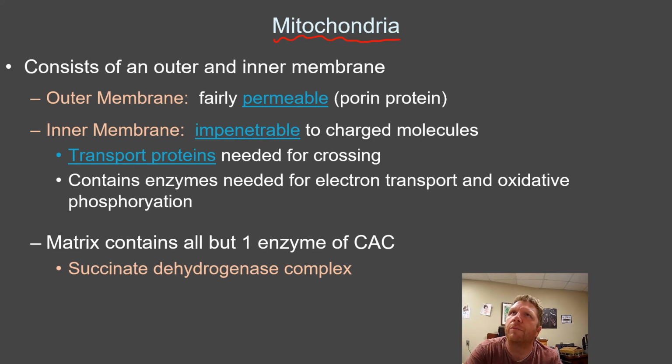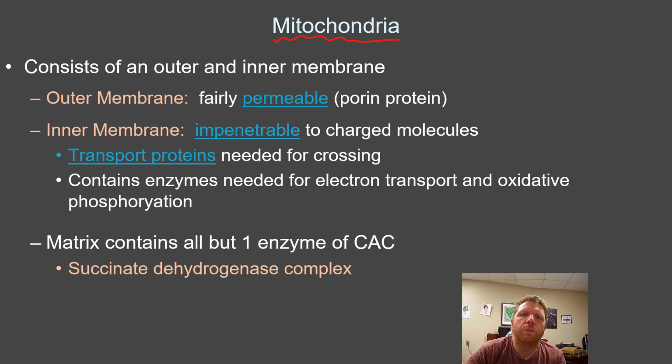The way that I always kind of think about the mitochondria is, if you ever buy oranges in those kind of mesh bags, the outer membrane would be analogous to those mesh bags. So they're going to have pores that are fairly large. But is everything going to be able to squeeze through there? No, because something simply won't fit into those pores. So this outer membrane, well, it's fairly permeable.